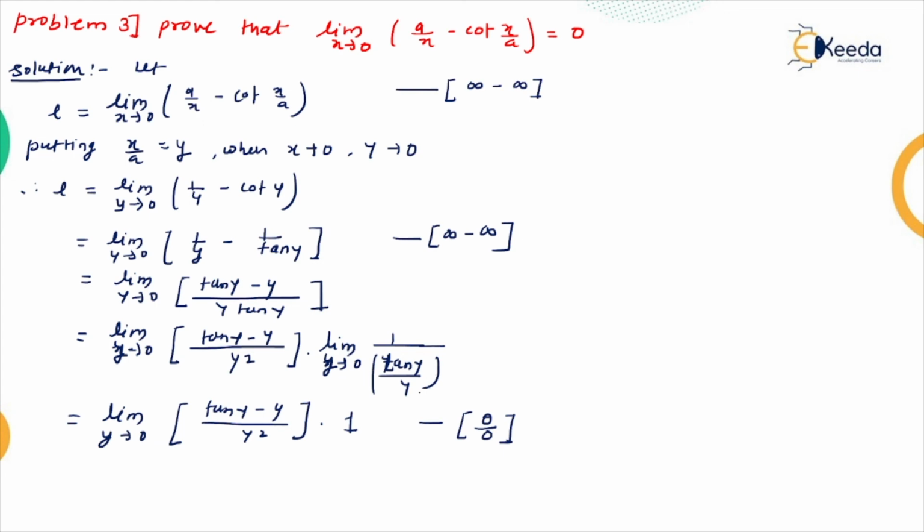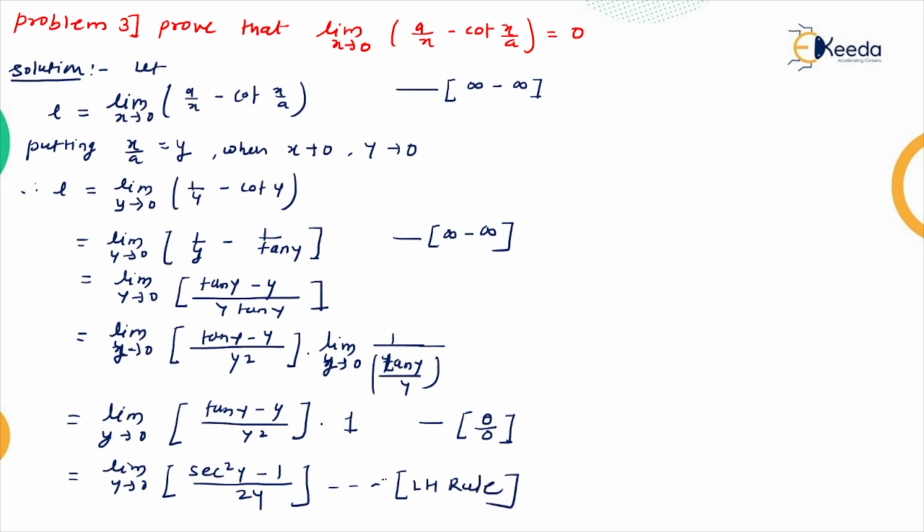So again it takes the 0 by 0 form. That's why I'm using L'Hospital rule again. So limit as y tends to 0, inside the bracket, the derivative of tan y is sec square y, minus the derivative of y which is 1, divided by the derivative of y square which is 2y. This step uses L'Hospital rule.